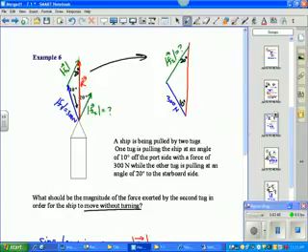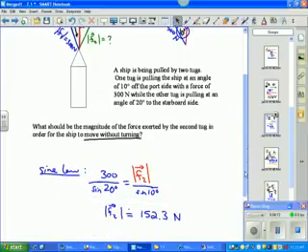Well, hopefully just by looking at this diagram you can convince yourself that we're just a quick sine law away from the answer. We have the angle 20 and we have its opposite side 300. We have the angle 10 and we need its opposite side, magnitude of F2.